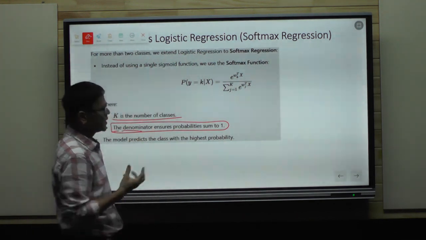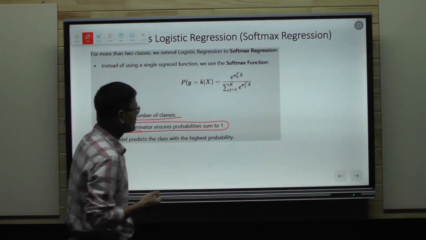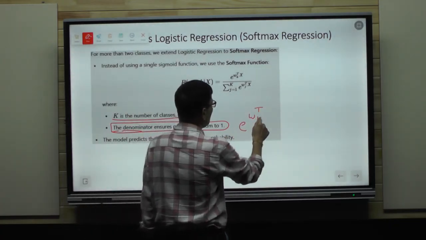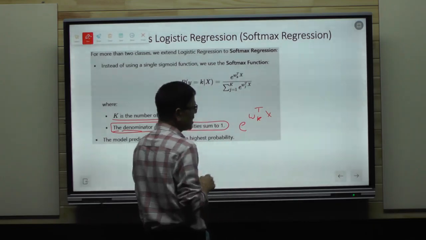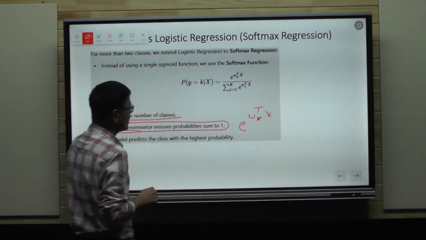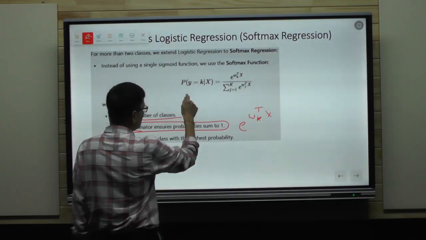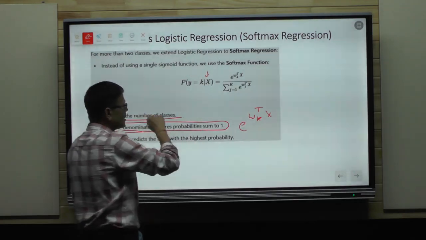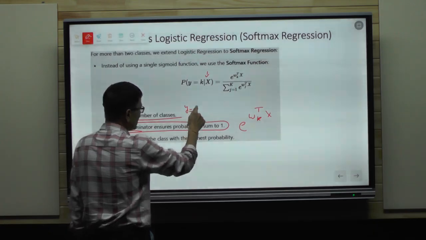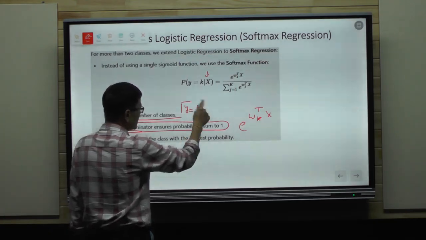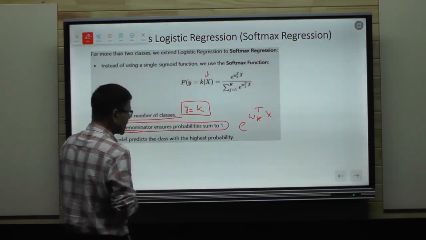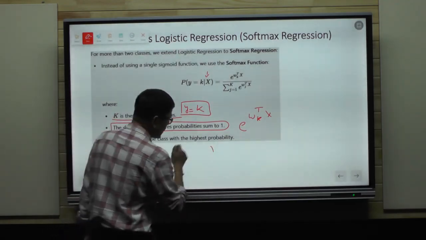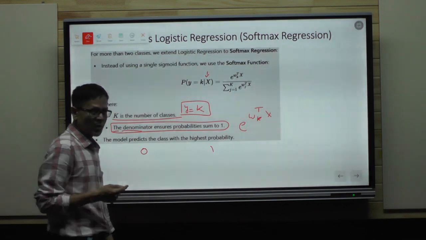Now let's decode this formula. Let's say e to the power w_k transpose x has been computed for all the inputs available for a class probability belonging to k. So y is k, and k can take various values in the range. Suppose 0 to 1 is the maximum range of the probability.